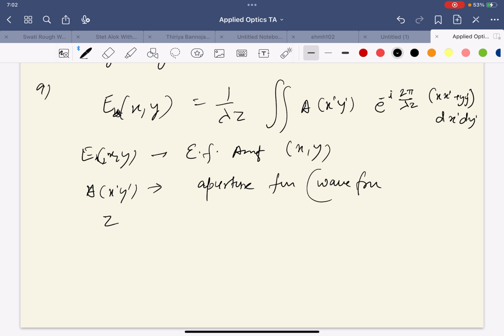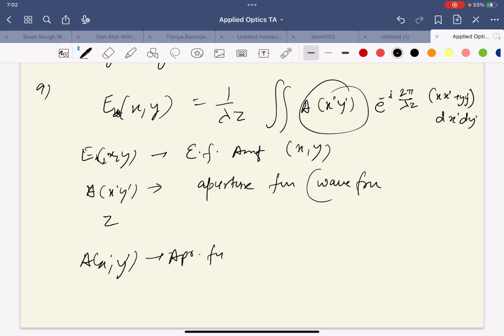Now if we explain this term, A(x',y') is the aperture function. It represents how the amplitude and phase of light vary across the aperture. It is often rectangular, circular or a more complex shape depending on the aperture being analyzed.